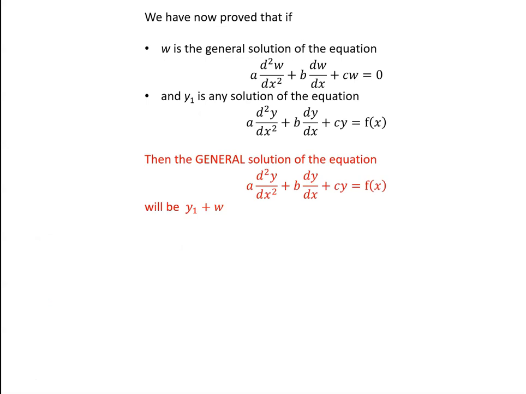So we've now proved that if we can find the general solution of the differential equation with the 0 on the right hand side, and we can find a particular solution of the equation with the f of x on the right hand side, then the general solution of the equation a d2y/dx squared plus b dy/dx plus c times y equals f of x will be of the form the particular solution y1 plus the general solution of the equation a d2w/dx squared plus b dw/dx plus cw equals 0.